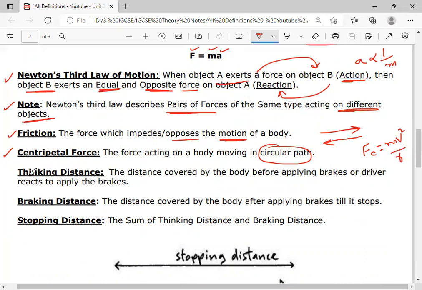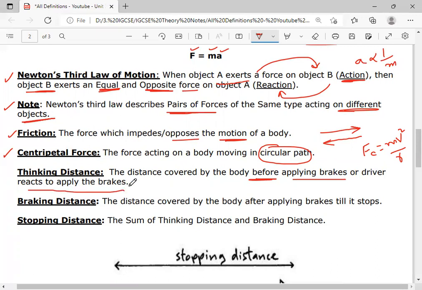Then here come the definitions of thinking distance, braking distance, and stopping distance. Thinking distance is the distance covered by the body before applying the brakes, or before the driver reacts to apply the brakes.